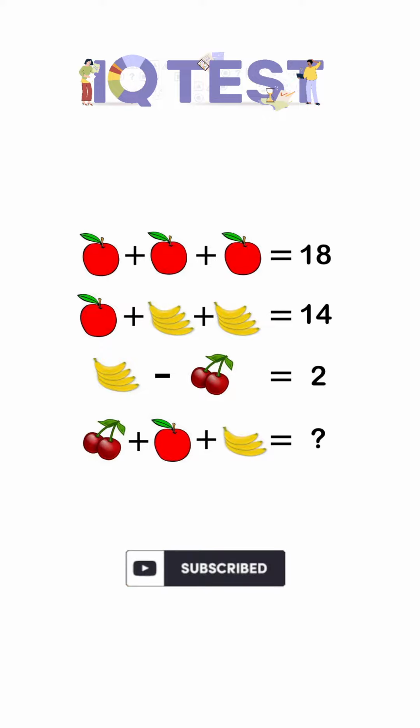Yes, the apple is 6, is true. Banana is 4. Yes, it's 4. But one is 1 each. But as a bundle, it's 4. I agree.